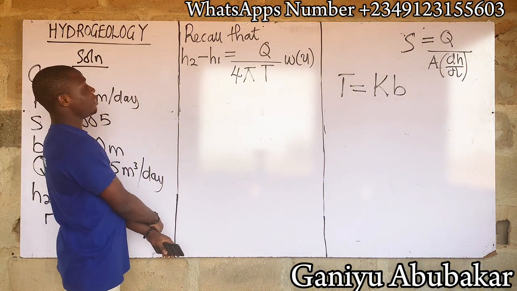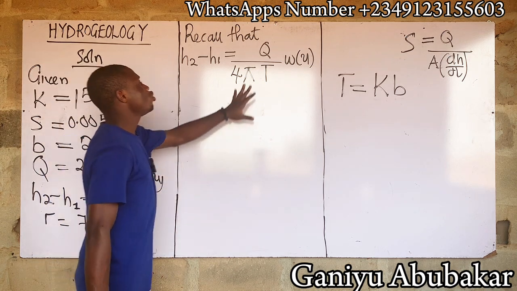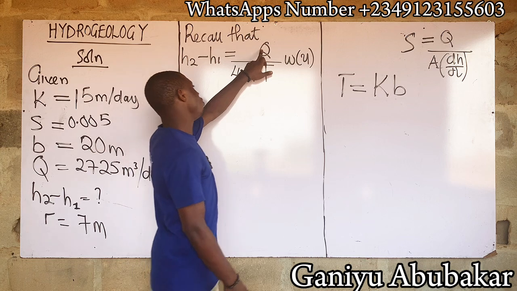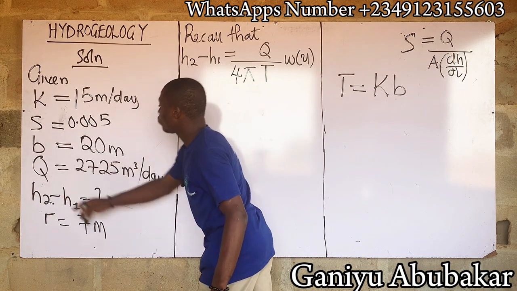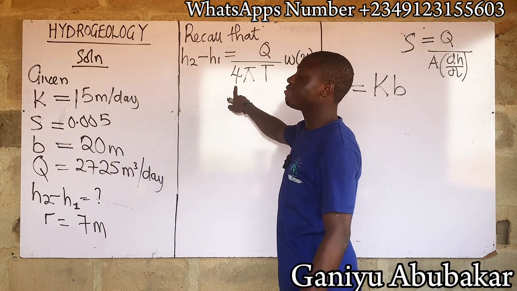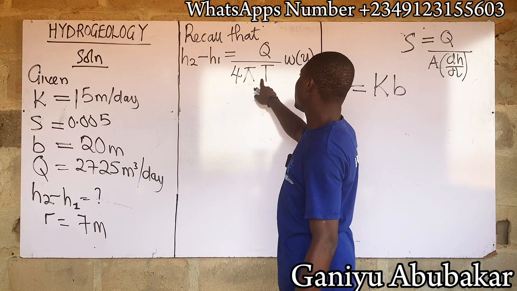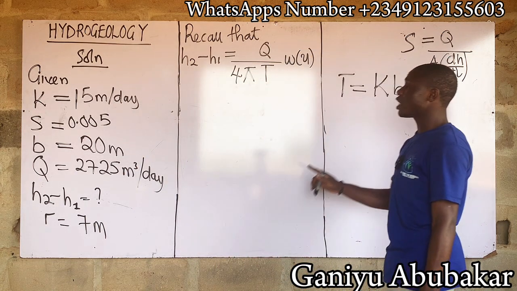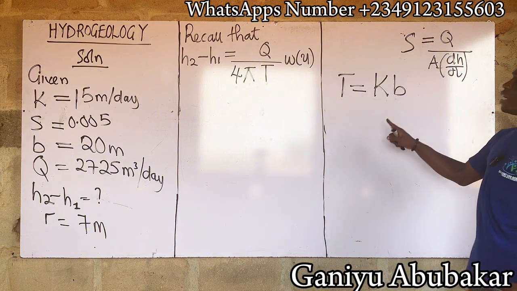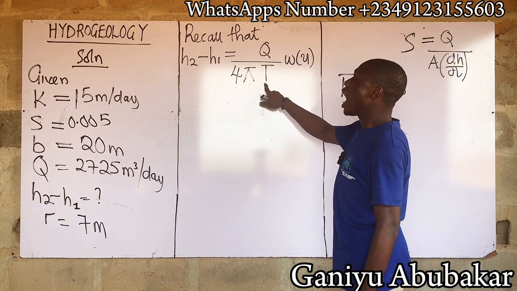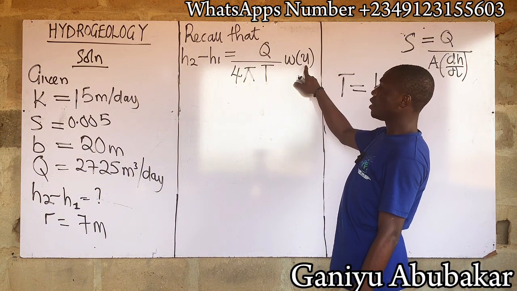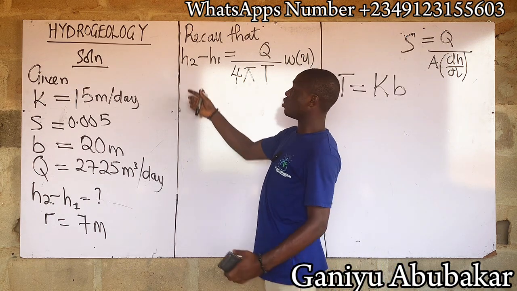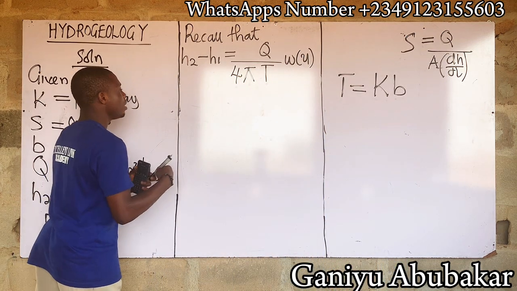All right, let's get this done, please. To get the drawdown, are we given Q? Of course, Q is given, no problem. Are we given the constant value 4 pi? Pi is a constant. T, what's T? T is not given here. But I just wrote out something now. So at this point I'll try to get T, then U, and perhaps the value of W, so I can get H2 minus H1. Let's get T, please.